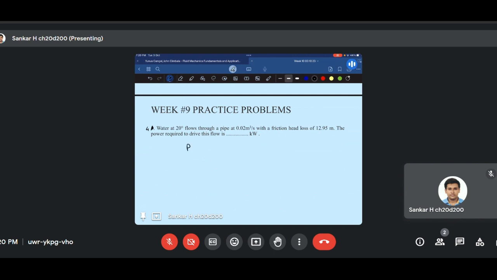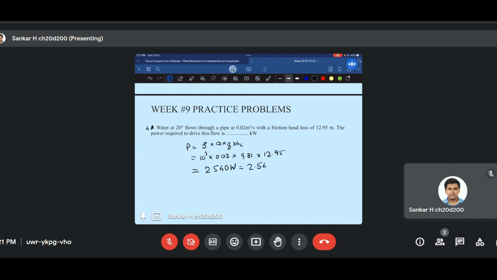As we saw earlier, power is rho times Q times g times the head loss, which is 10 raised to 3 times 0.02 times 9.81 times 12.95, and this power would be equal to 2540 watts, but the answer has been asked in kilowatts, so it's 2.54 kilowatts.